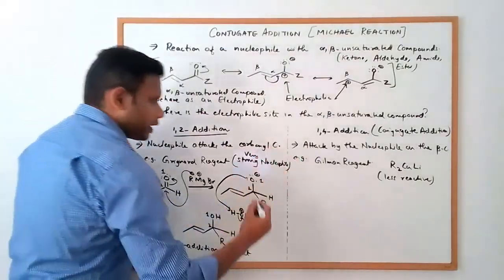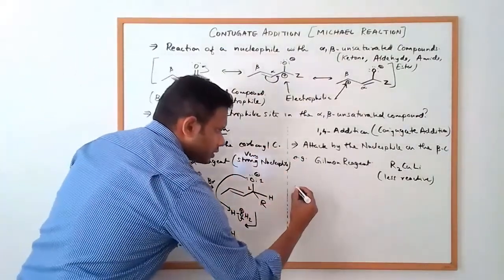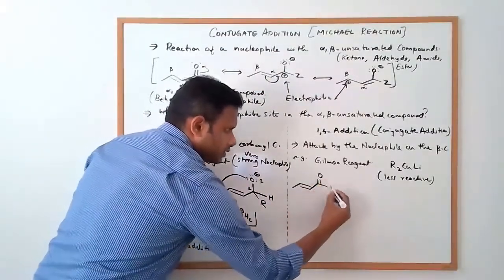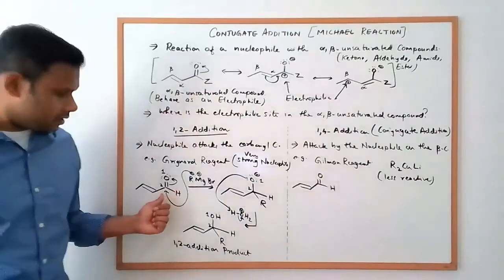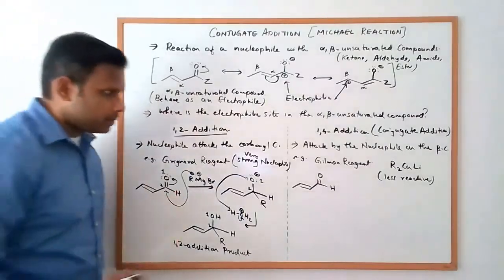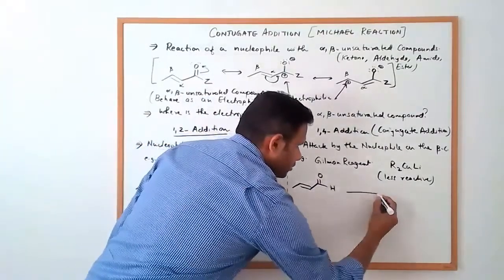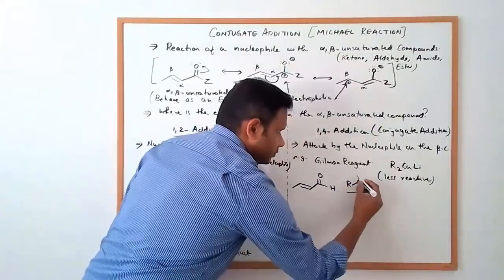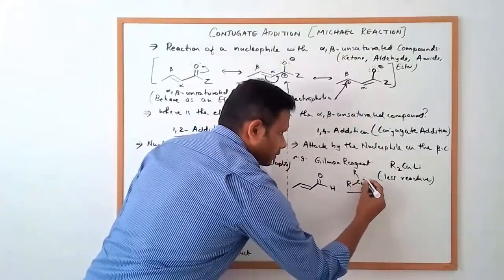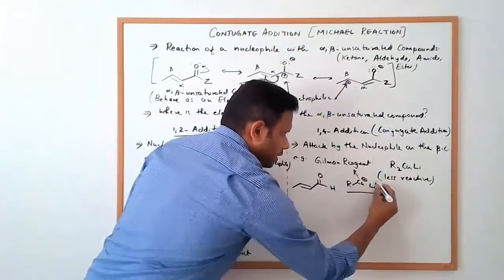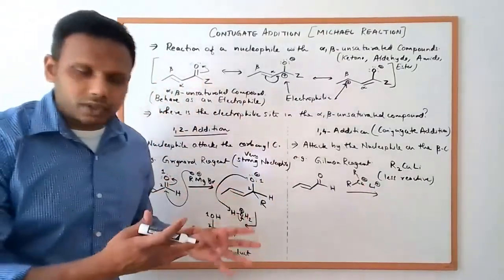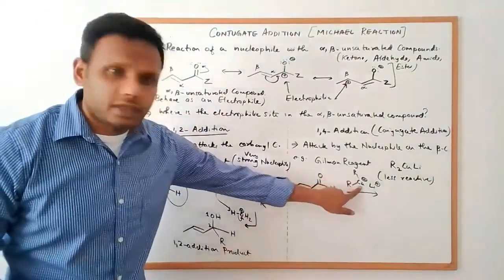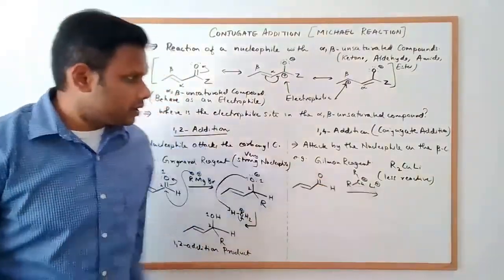What happens with a Gilman reagent is, if we use the same alpha beta unsaturated aldehyde that we used earlier, the Gilman reagent will react with this. This Li plus is the structure of a Gilman reagent: two R groups connected to the copper and then the lithium.